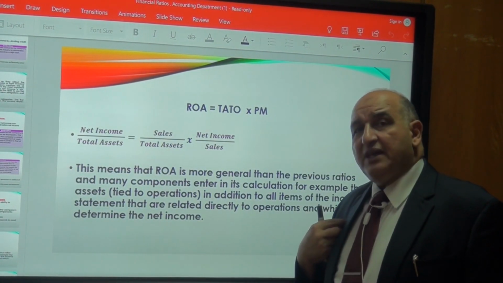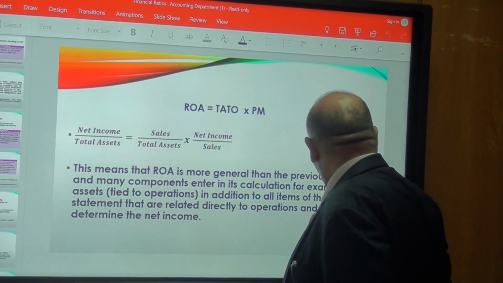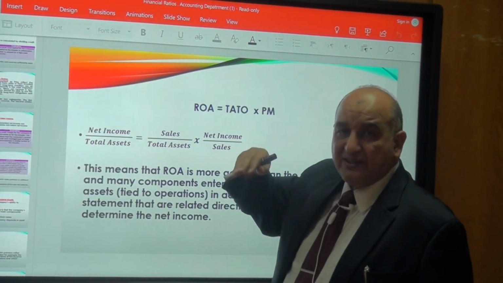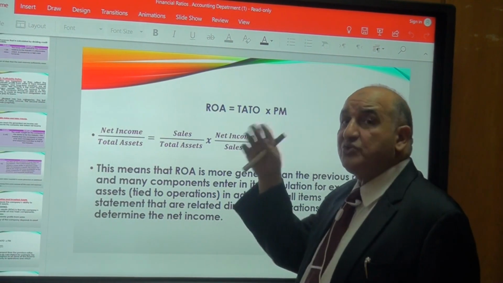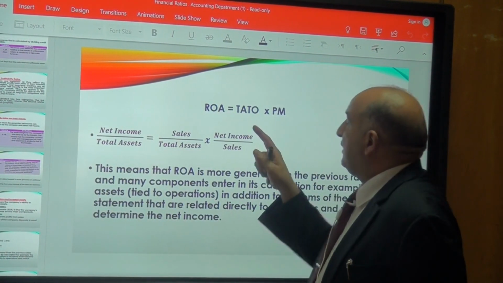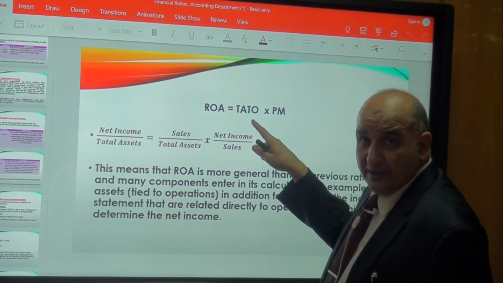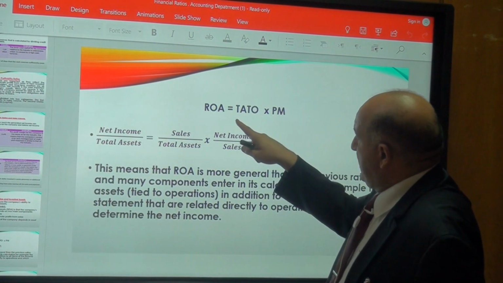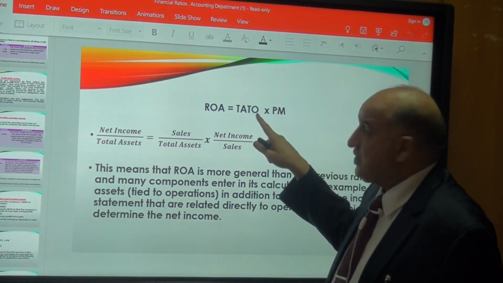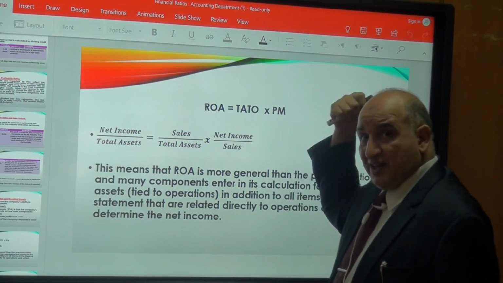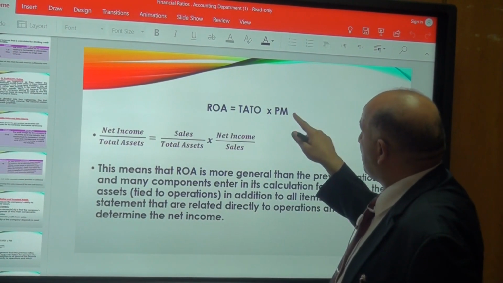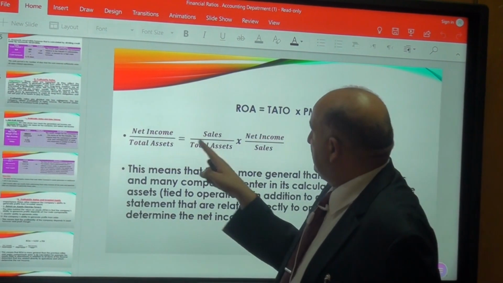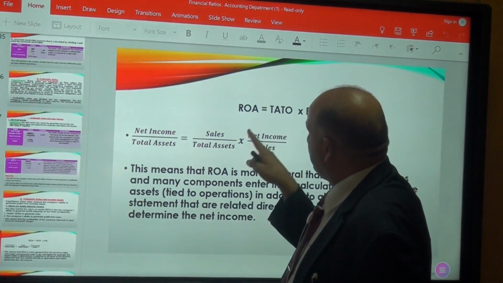We need to learn how we can recalculate the ROA using another equation. Don't forget, ROA equals TAT2, which is total asset turnover, remember last lecture, multiplied by the profit margin, the one we just calculated.